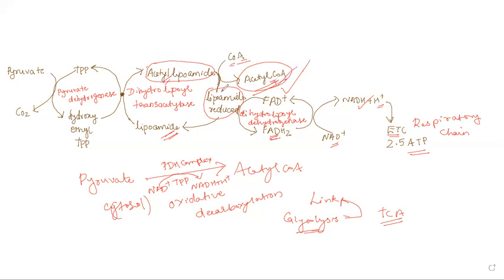And this lipoamide is reduced. This reduced lipoamide gives away the hydrogen ions to FAD plus to form FADH2, catalyzed by the enzyme dihydrolipoyl dehydrogenase. Now this reduced lipoamide is oxidized to lipoamide. Next, the H plus is transferred to NAD plus to form NADH plus H plus, and this NADH and H plus enters the respiratory chain to generate ATP.